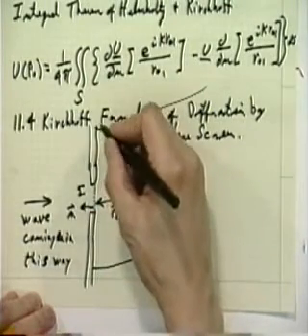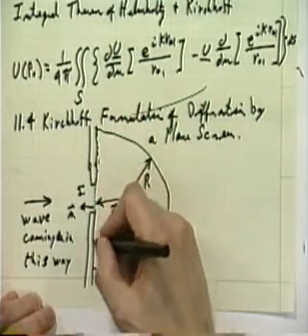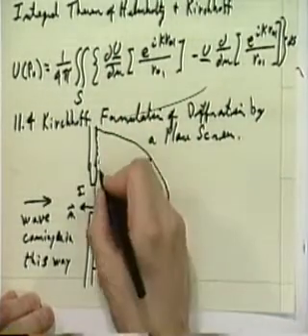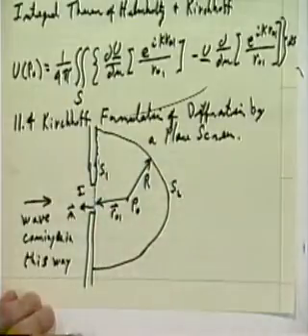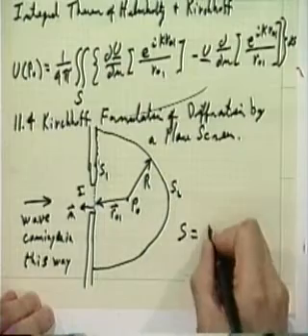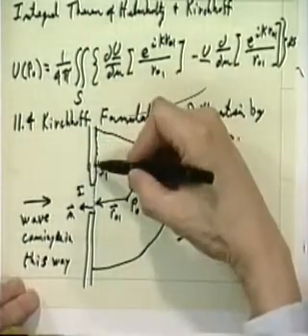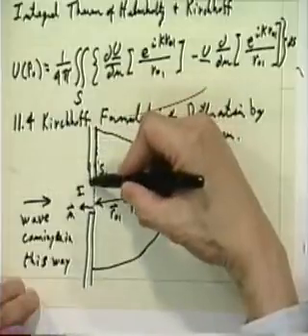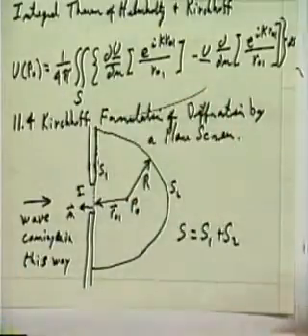And this surface along here is going to be called S1. And this is going to be S2 out here. So the total surface here is S1 plus S2. Okay. Now you see why most of my drawings I do on the computer before I come to class.